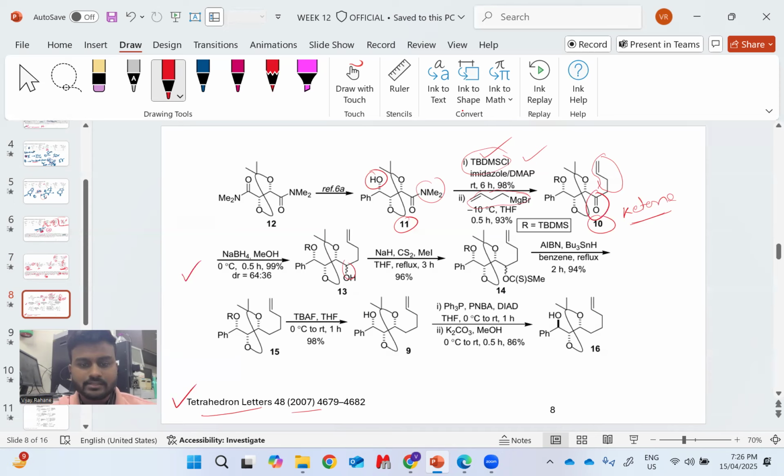So basically, OCSMe is getting attached on the hydroxy. So basically, hydroxy will convert into the OCSMe, and then addition of the AIBN and tributyltin hydride.